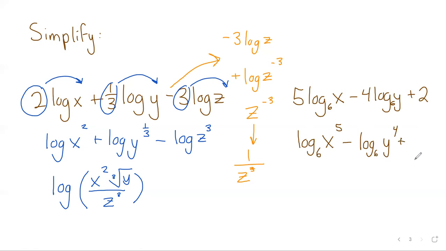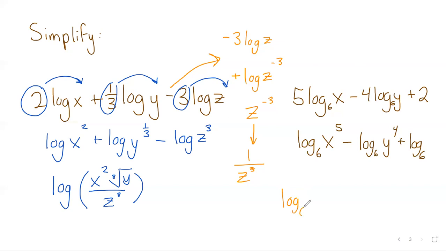Now, what do we have here? We've got just a 2. Okay, this is interesting. So we don't have a log, right? How can we express this in terms of logs? So ultimately, we're going to need an answer that's log base 6 of something, right? So we need to find a way to write 2 as log base 6 of something. Well, let's see what that means.